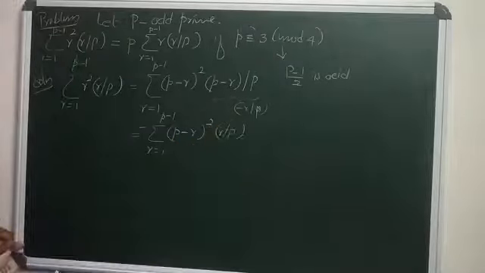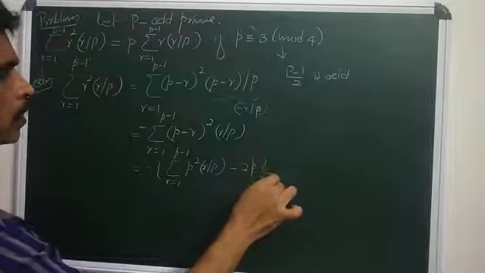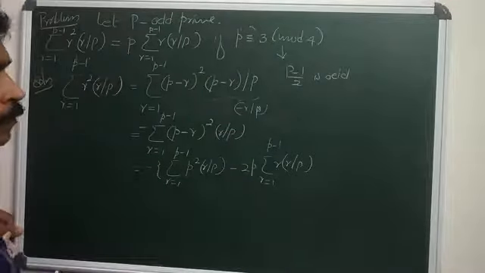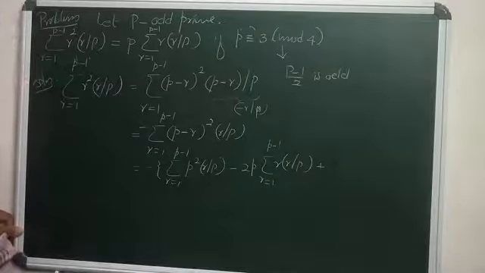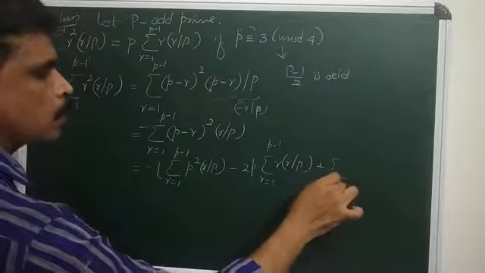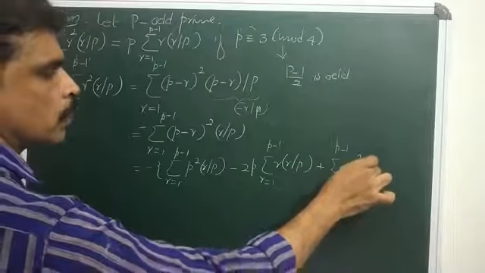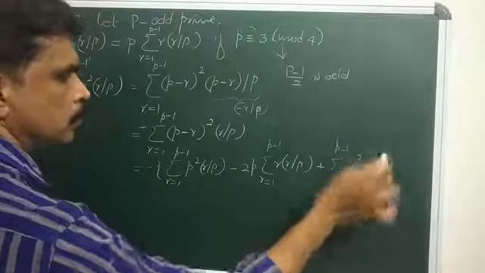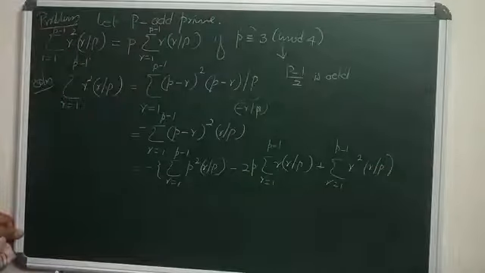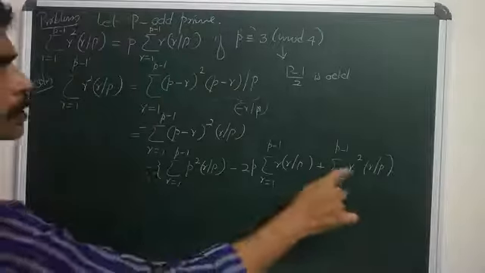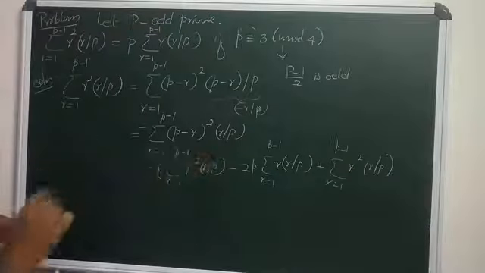P squared times (r/P). On expanding this, minus 2P times the sum over r from 1 to P minus 1 of r times (r/P), plus the sum over r from 1 to P minus 1 of r squared times (r/P). So there is sigma r squared times (r/P) on both sides. Bring it to the left side.